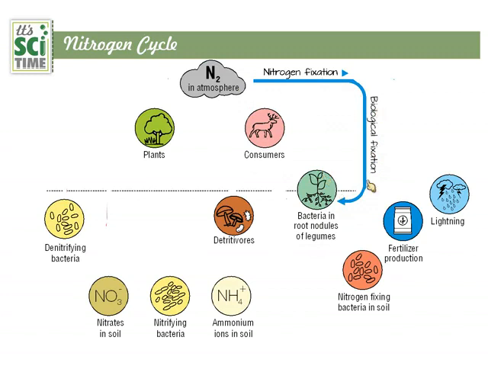One process is bacteria living symbiotically with the plants. The other process is bacteria living in the soil. Those bacteria also fix nitrogen and convert it to nitrate types. And then what happens? Industrial fixation.